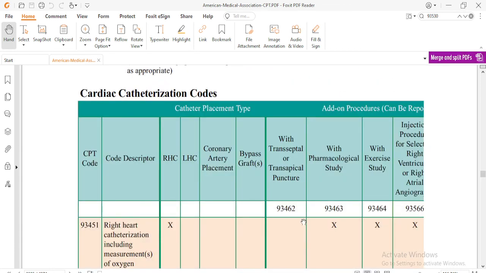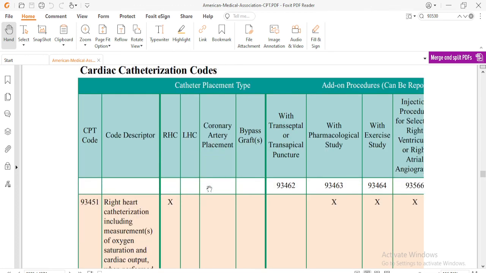Whenever we code, we need to see this image here, which is very useful. For example, take 93451, catheter placement type. Whenever the physician performs right heart catheterization, he will keep the catheter in the right heart chambers. RHC means right heart chambers, LHC left heart chambers. Here coronary artery placement, bypass graft.